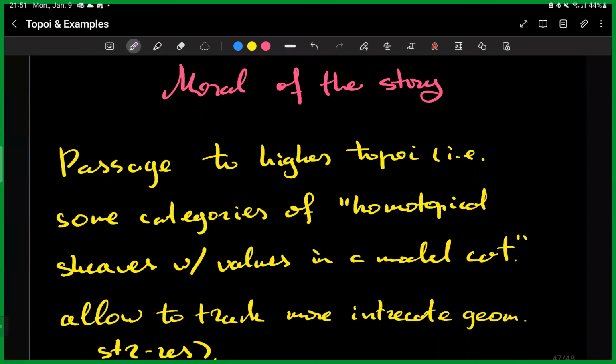But I hope that this story at least motivates why we need these technicalities, why we need to study the local model structure on presheaves, on simplicial presheaves. Basically, we need to do that because it allows us to do all this stuff with Chern-Weil theory, with classifying geometric structures.